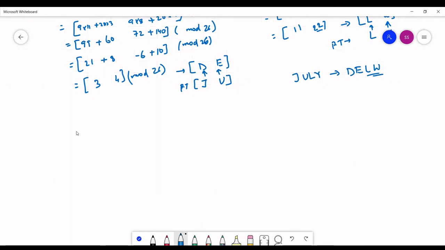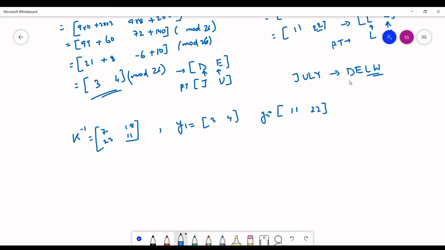So K inverse is 7, 18, 23, 11. Y1 was 3, 4 from here, and Y2 was 11, 22. You can convert this also.